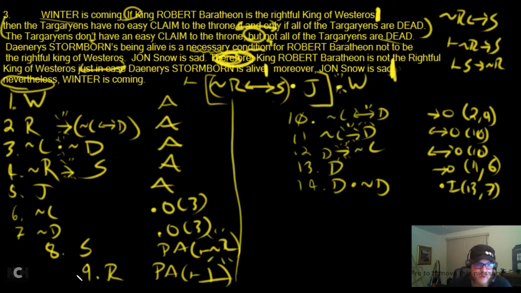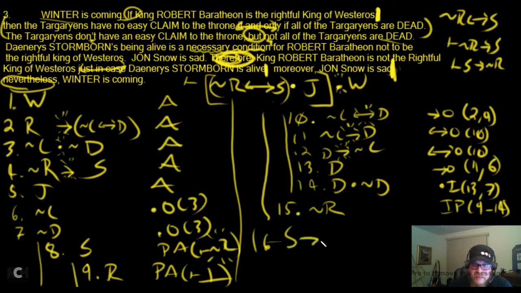This means what we started here in line 9, it keeps going to line 14. We can zoom out and we can say, hey, in line 15, the thing that we were trying to get, okay, remember, we were trying to get squiggle R. And our mission was, we can get squiggle R if we provisionally assume R and we get a contradiction. We did that, which means squiggle R is a thing.